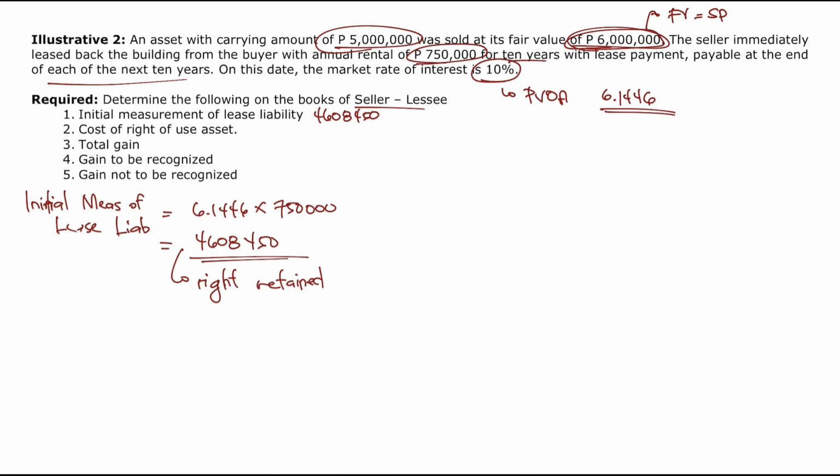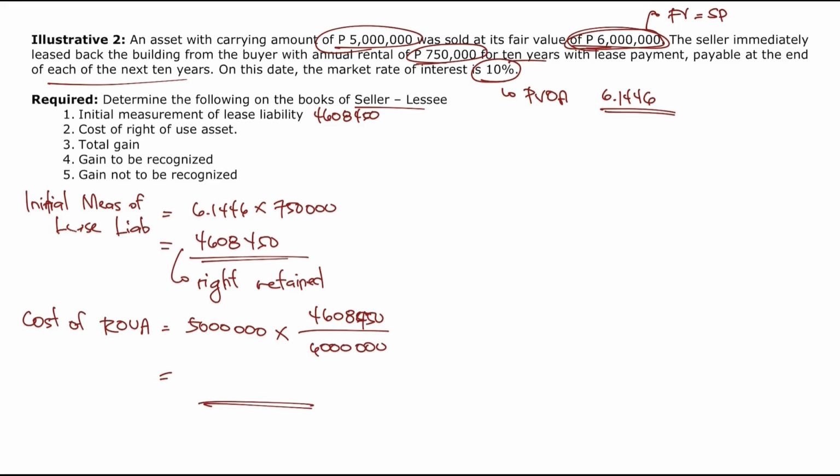Number 2, how much will be the cost of the right of use asset? Well, once again, cost of ROUA or the right of use asset will be equal to the carrying amount of 5 million pesos times the right retain of 4,608,450 divided by the fair value which is equal to 6 million pesos. Okay?